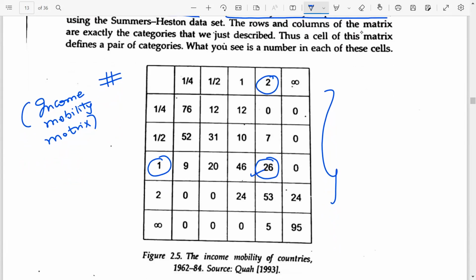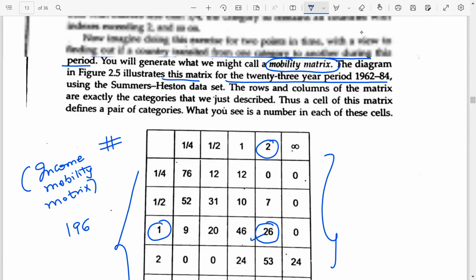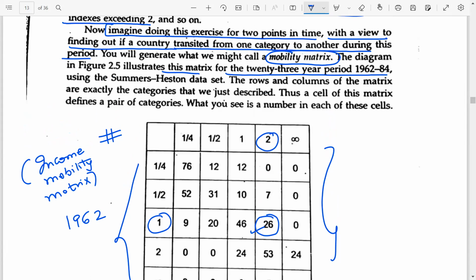That means these are the indices for 1962, and these are the indices for 1984. We are going to see that over this period from 1962 to 1984, how have the countries fared when it comes to comparing with the world average.